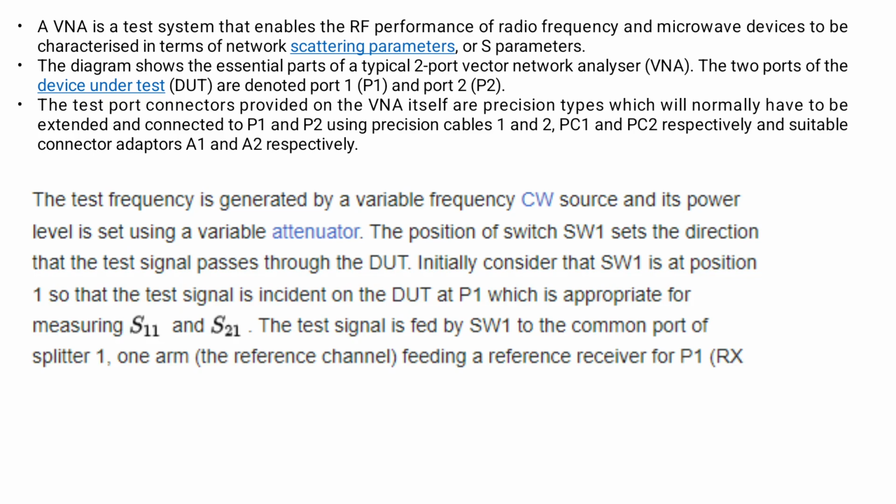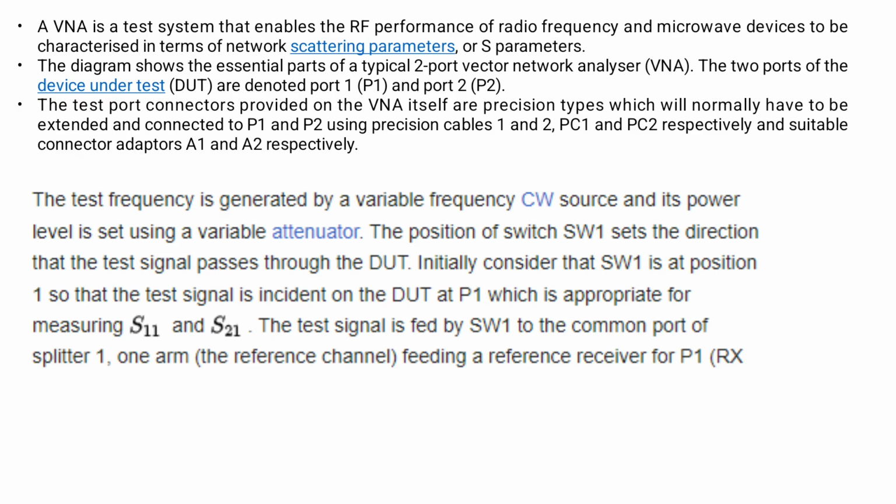So a vector network analyzer is the test system that enables the RF performance of radio frequency and microwave devices to be characterized in terms of network scattering parameters, or S parameters. The diagram in the previous slide shows the essential parts of a typical 2-port vector network analyzer. The 2 ports of the device under test are denoted port 1, P1, and port 2, P2.